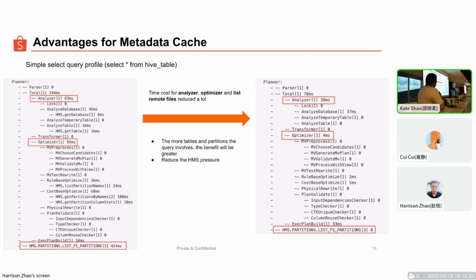Before talking about the optimization, I want to show the advantages and disadvantages of the metadata cache. Let's begin with the advantages. You can see here a query profile for a simple select query, and you can see from the graph that the time cost for the planner is reduced a lot because of the metadata cache.